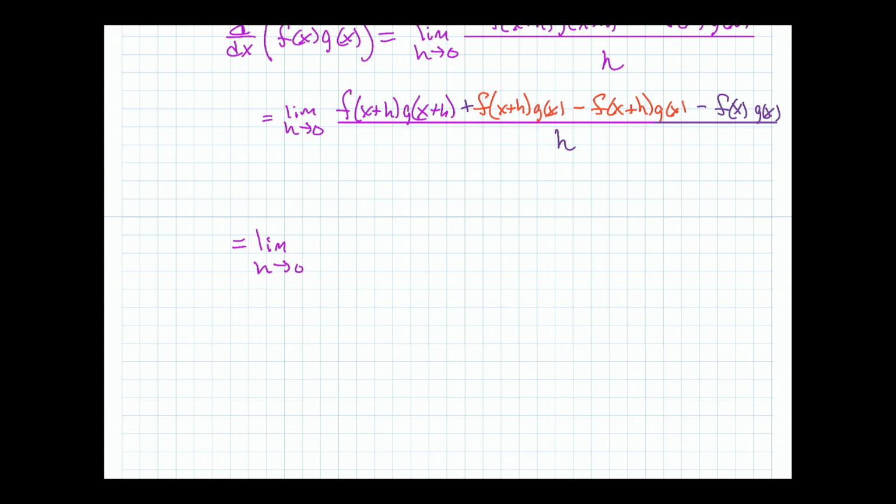So what I'm going to do with this is group the terms in a different way, actually. I want f of x plus h, g of x plus h, and then I want this second one right here. So I want minus f of x plus h, g of x.